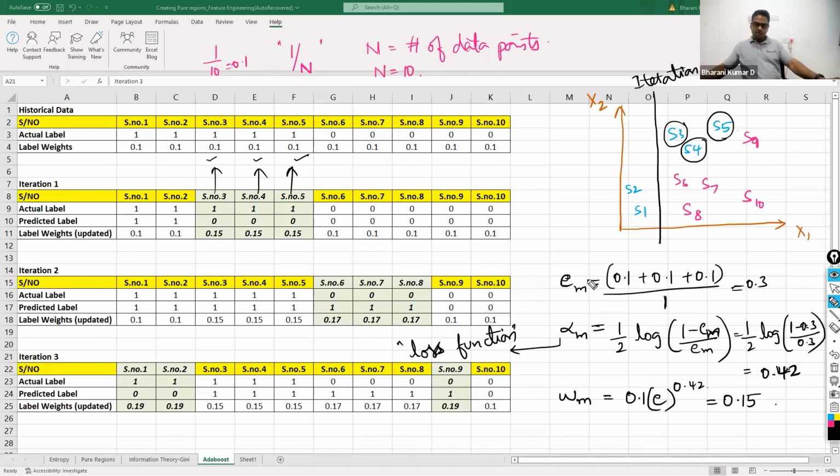This error is the summation of weights of all the misclassified entries divided by the summation of weights of all the entries. That is this e raised to the power m, which is called the term rate.